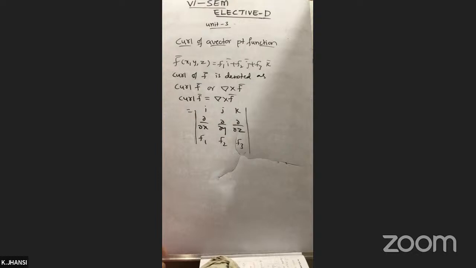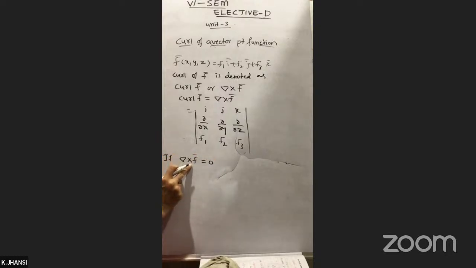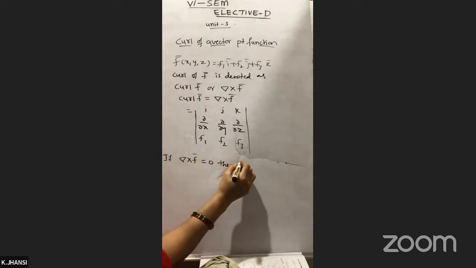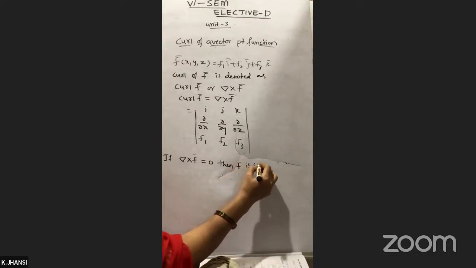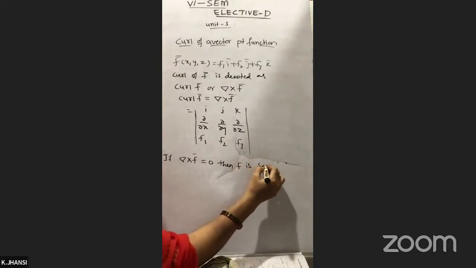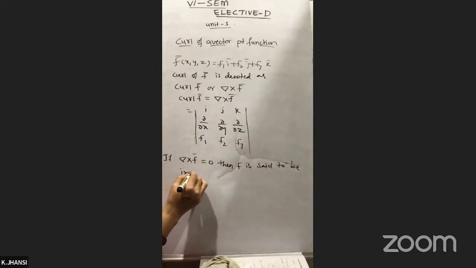So like this, we need to find it whenever the curl of a vector is asked in the question. Here is one important note: if del cross f is equal to 0, when you do the cross product and you get the value as 0, then f is said to be irrotational.